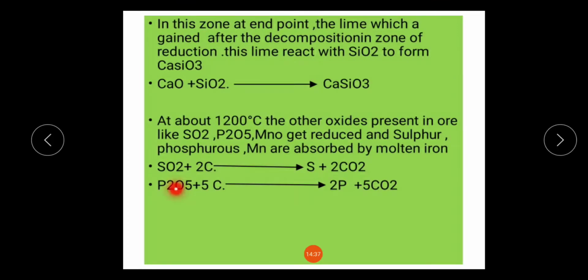The next reaction is P2O5 is reacted with the carbon to form phosphorus plus carbon dioxide. The reaction of MnO is conducted with the carbon to form Mn and oxygen. This reaction is not mentioned here, sorry about it.